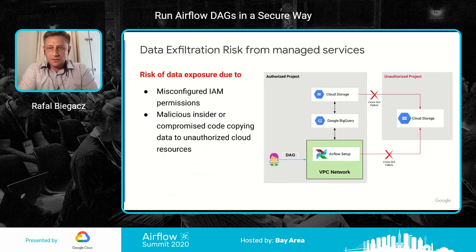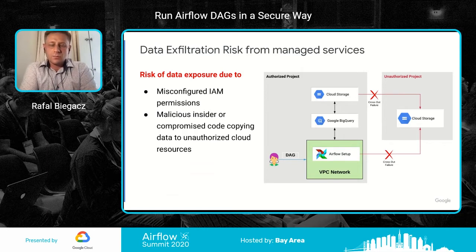Before we jump to the proposed solution, let's analyze what the vector of attack actually is here. We already talked about how to secure access and block unauthorized users from your Airflow setup. So for now, let's assume that you already secured your Airflow instance.